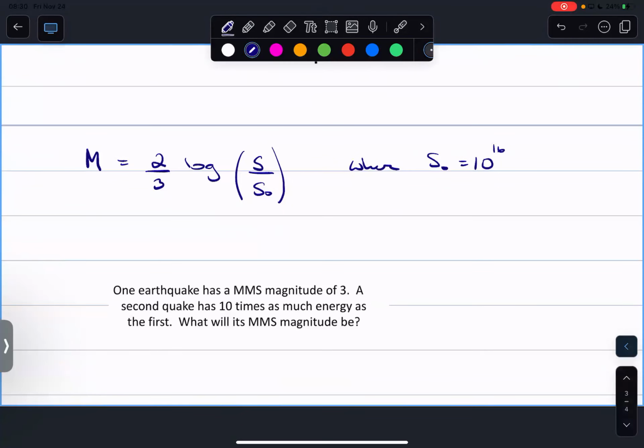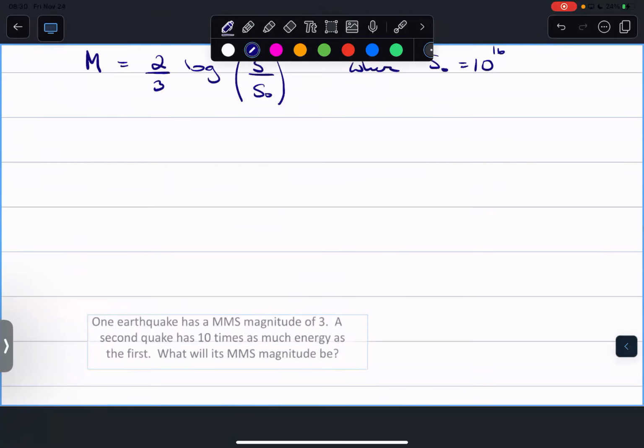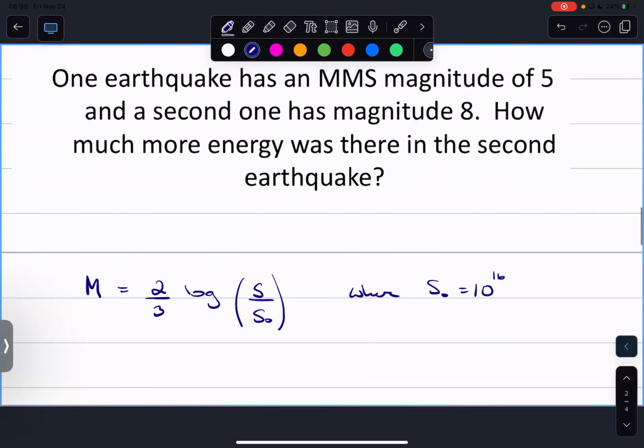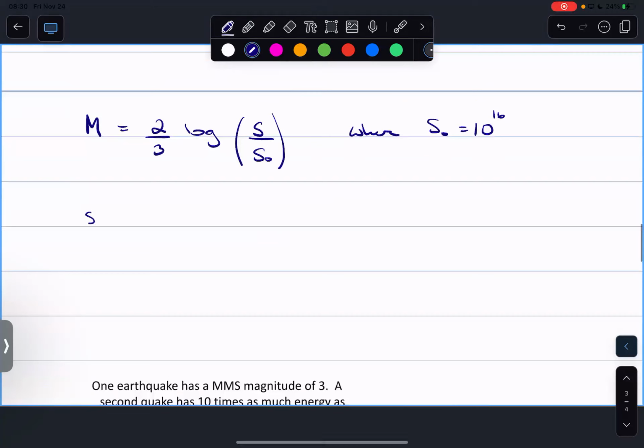I'm actually gonna leave that out so that I don't make a mess for a little bit longer. So we're given that one has a magnitude of 5, which is 2/3 times the log of S over S0. Trying to solve for S for this first earthquake.